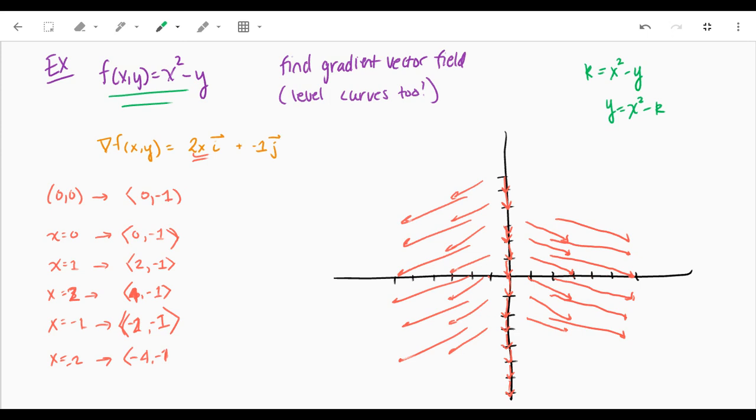So your level curve when k equals 0 is going to be just your basic parent function parabola. It looks like this. Then when k is 1, we shift it down 1.